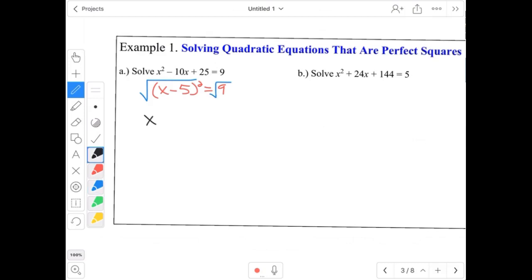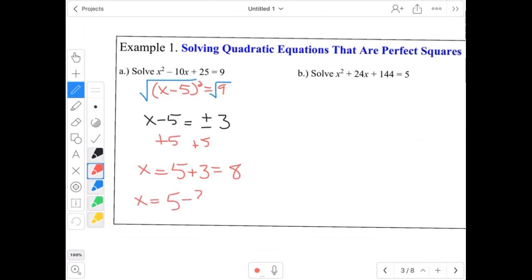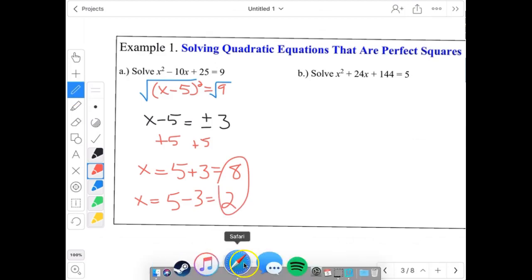So we will have x minus 5 is equal to plus or minus the square root of 9, which will be 3. And then our last step would be adding 5 to both sides. So that we would have x is equal to 5 plus 3, which equals 8, and x is equal to 5 minus 3, which will give us 2. So those are your two answers for this one.